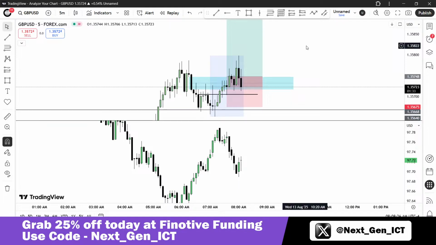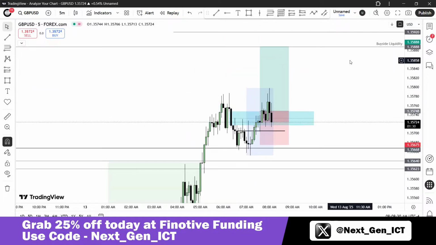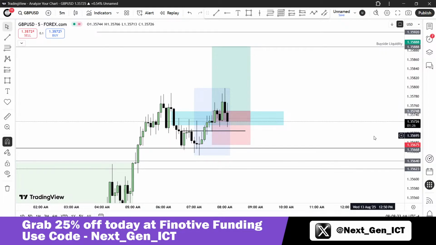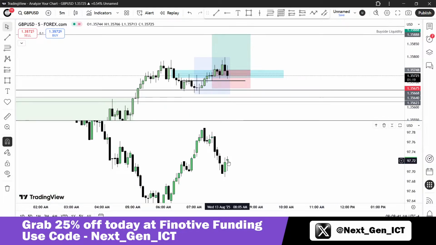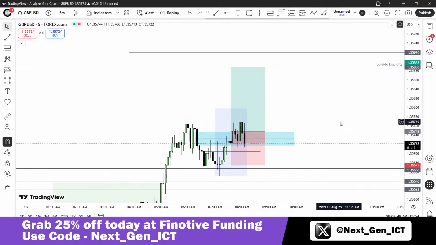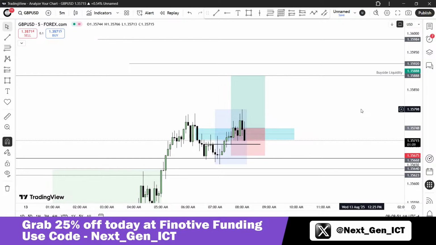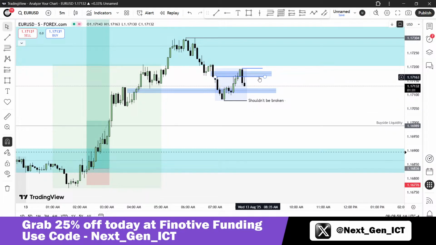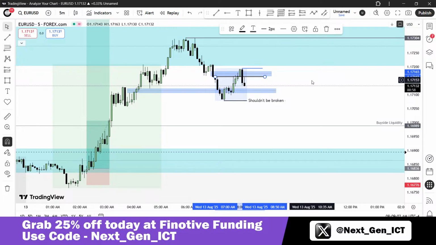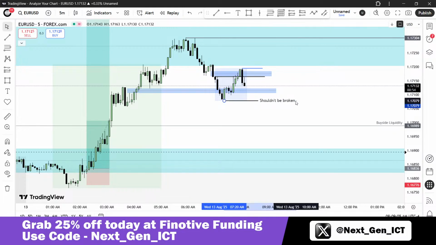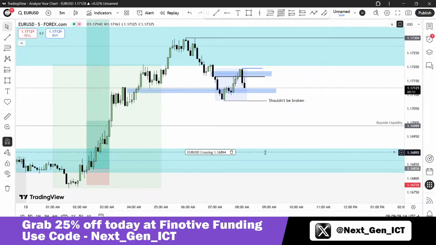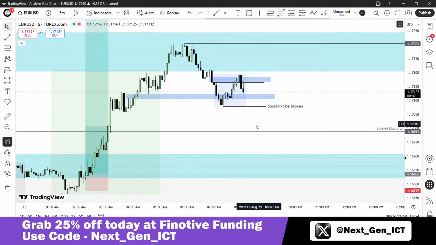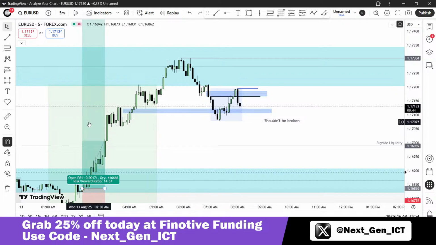Okay, this trade is not looking good right here. Okay, if this low gets broken, then I'm gonna take out some partials on that trade on EU.